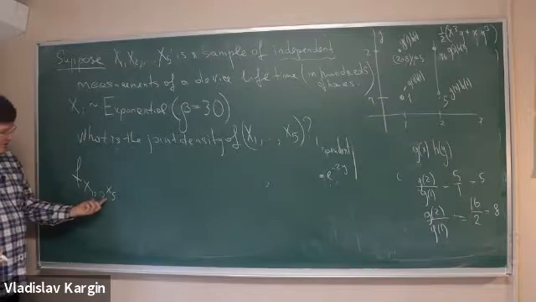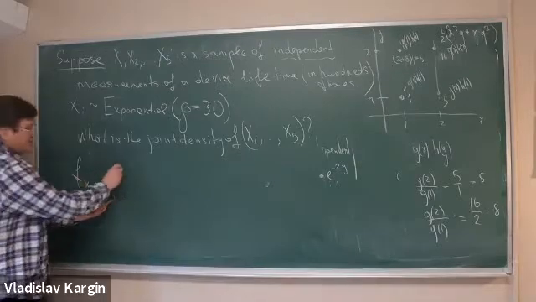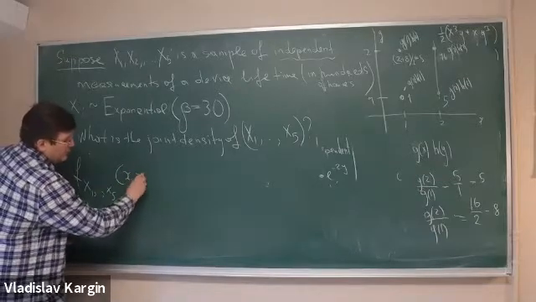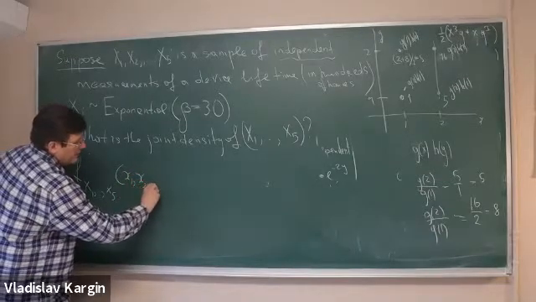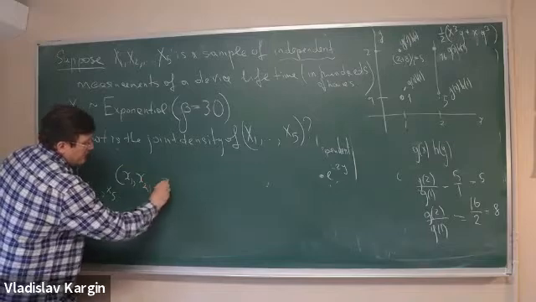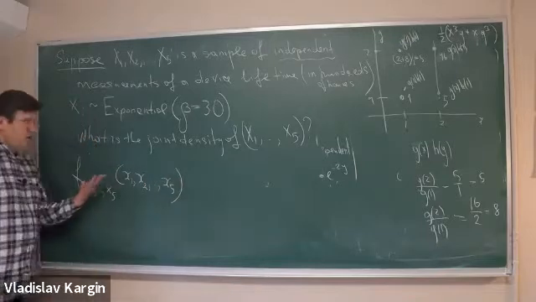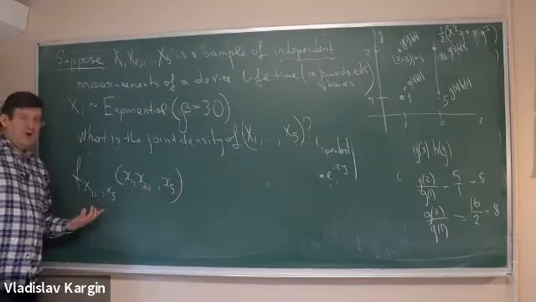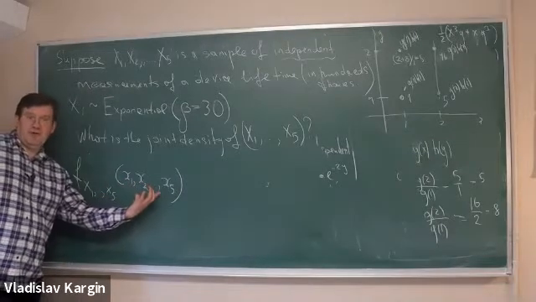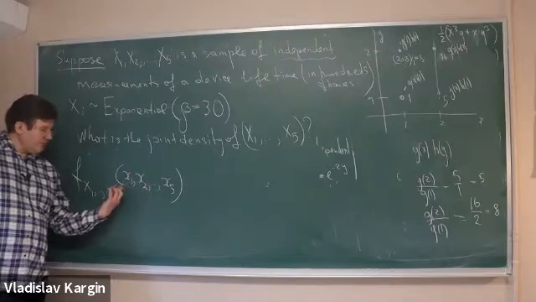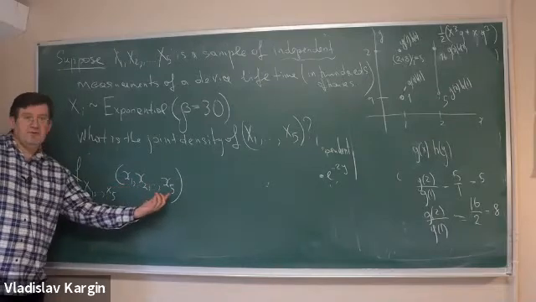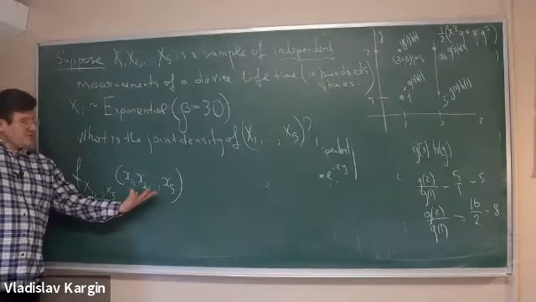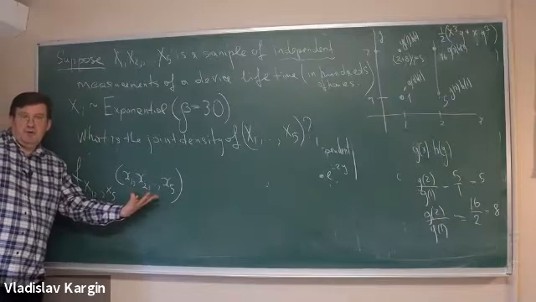The argument will depend on x1, x2, and so on up to x5. This is a joint density, and if you have 5 random variables, it depends on 5 numbers. These are just values: this is a value of x1, this is the value of x2, this is the value of x5. If you have 100 random variables, this joint density will depend on 100 arguments.